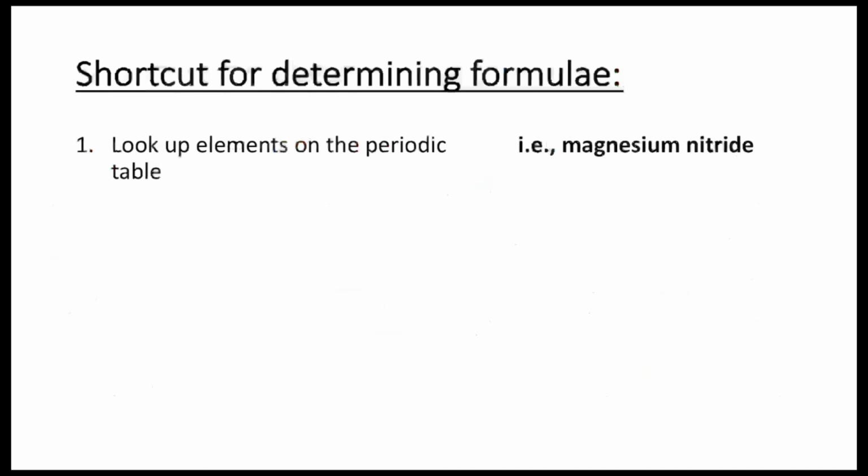So there is a shortcut for determining formulae. It's just important that you understand the ratios before attempting to use this. So just like before, we look up the elements on the periodic table.